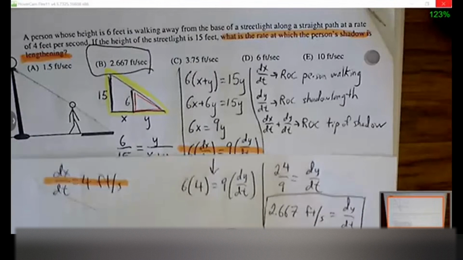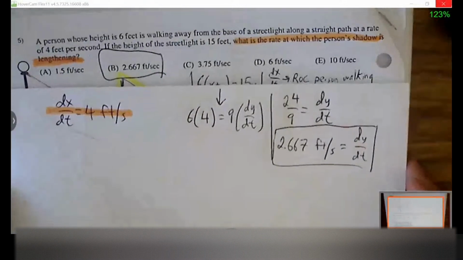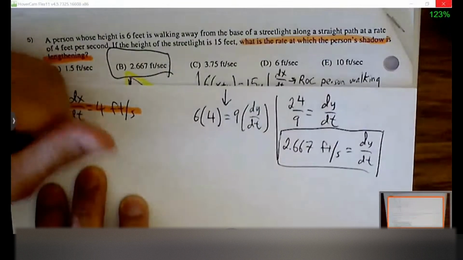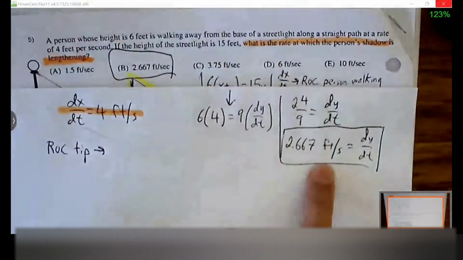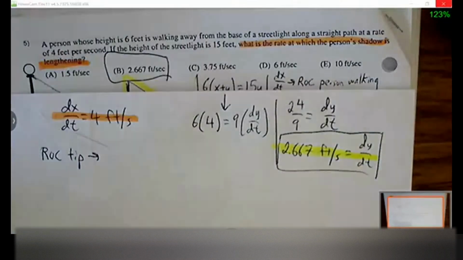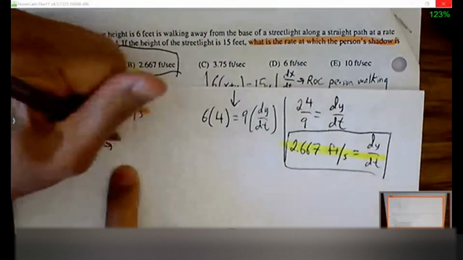But if I want to extend this a little bit longer, let's say if it was asking for the rate of change of the tip of the shadow, then I'm just going to add the two rates together. Let's say there was a second part to this.